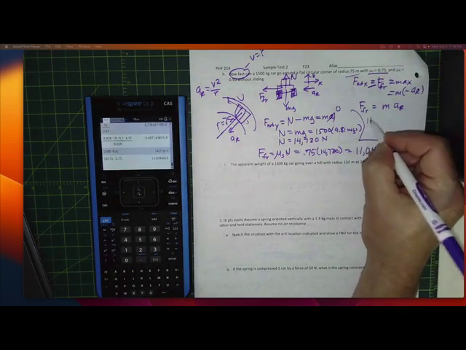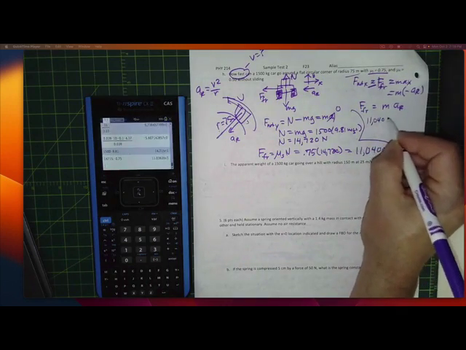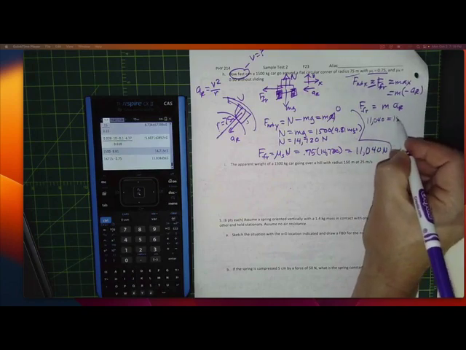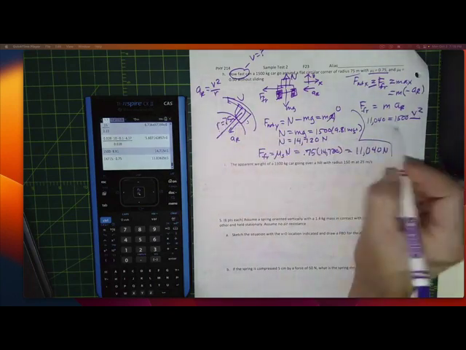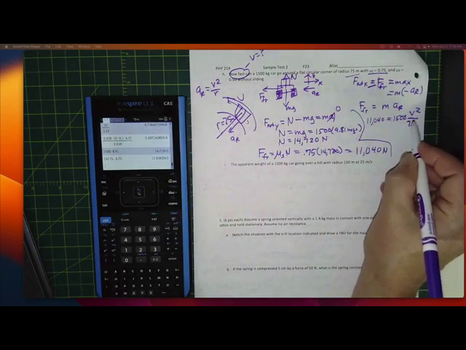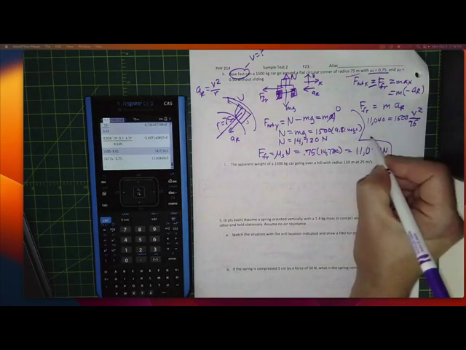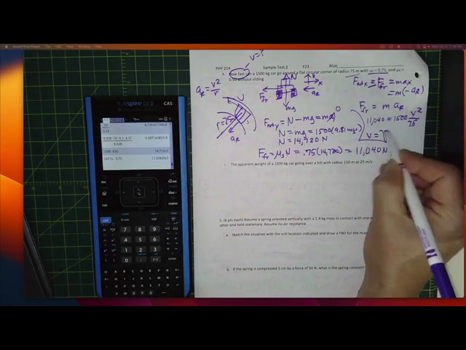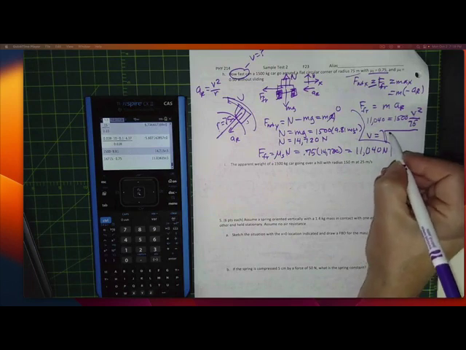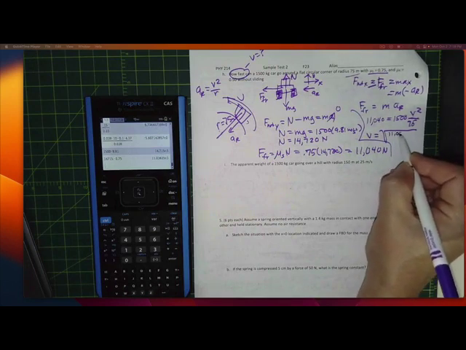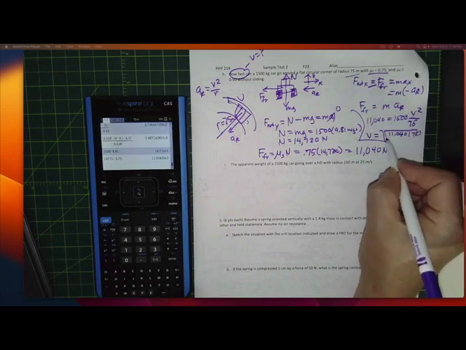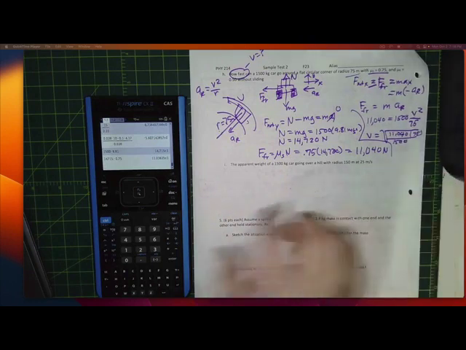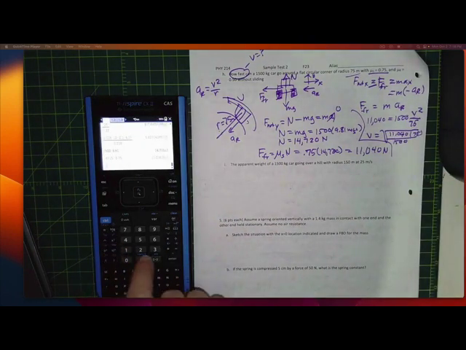So we've got force of friction, 11,040, equals the mass, 1,500, times ar, which is v squared over r, 75. Okay, so we can solve for v. Take a couple steps if you need to. 11,040 times 75 divided by 1,500, square root of all that.